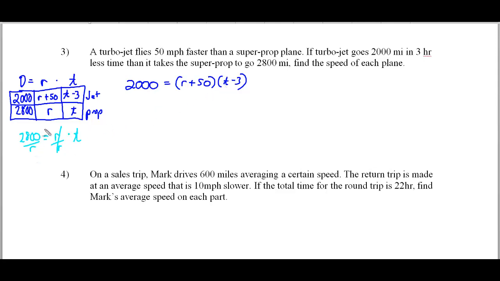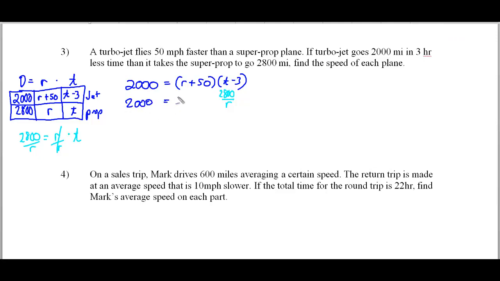So this gets plugged into T, so 2,800 divided by R goes right there. Now I'm going to write everything else in blue so you can see that that's the only thing I did in that part of the problem.